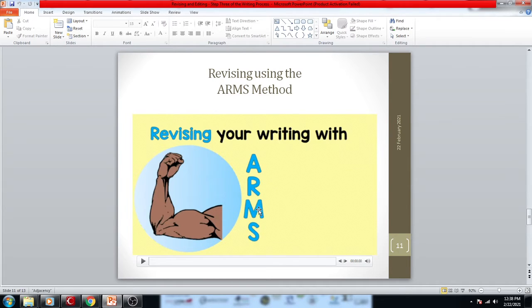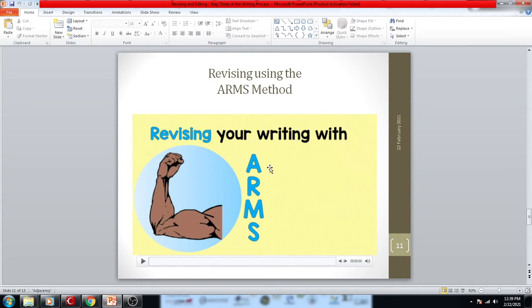M for move ideas from a place to another. Maybe this is a supporting sentence that should be brought up or down, or a developing sentence that should be moved up or down. So you move. And S is substitute, where you delete something and you substitute it with another.